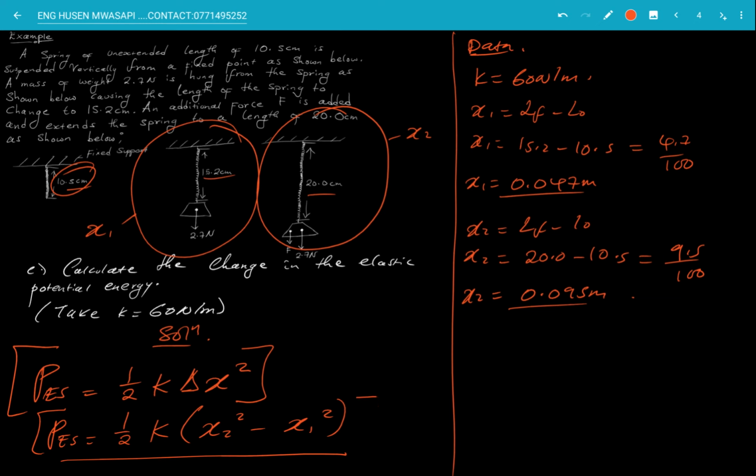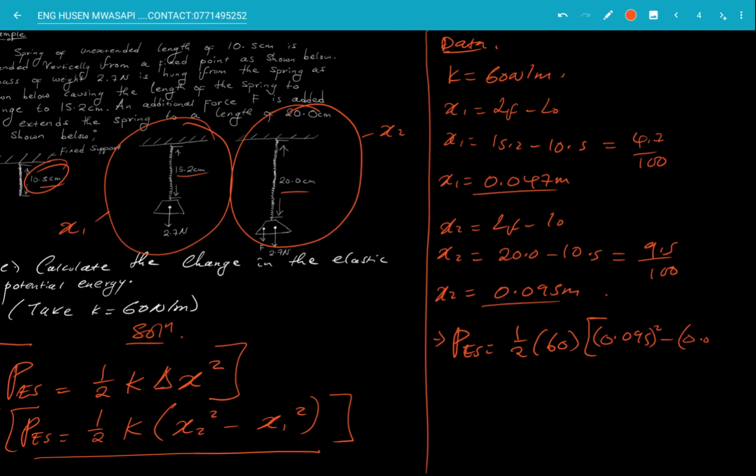Now upon having this, all we have to do is to plug back in the formula. So we say the change in elastic potential energy is half the value of k, 60, and these extensions, extension 2, 0.095 squared, minus extension 1, 0.047 squared, like that.